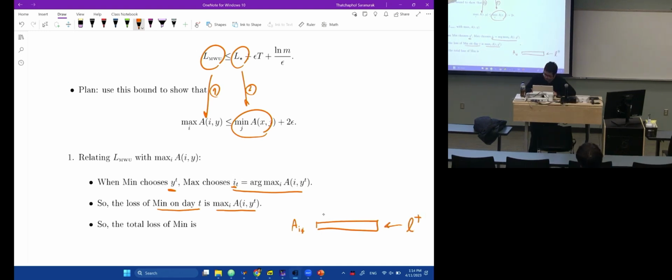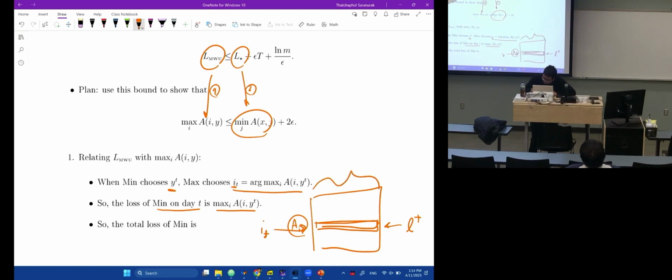Remember, when the max player chooses i_t, this is our loss vector, and we choose this distribution according to y_t. So the loss on day t, l_t, and y_t is just this thing.